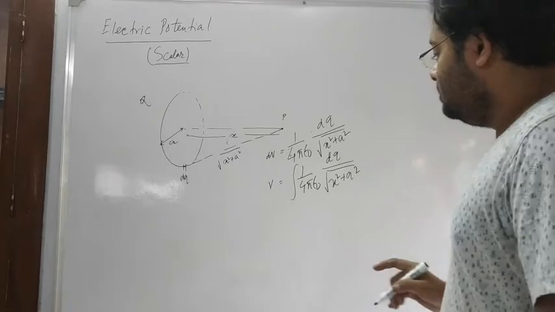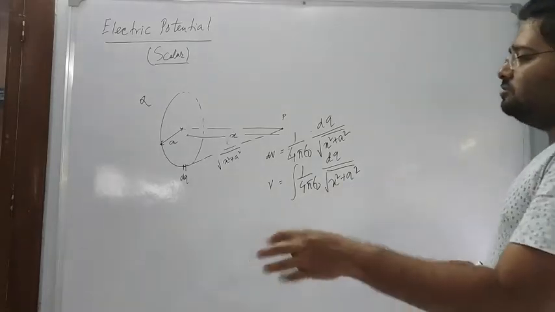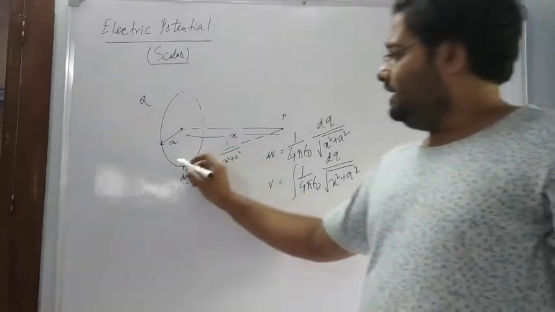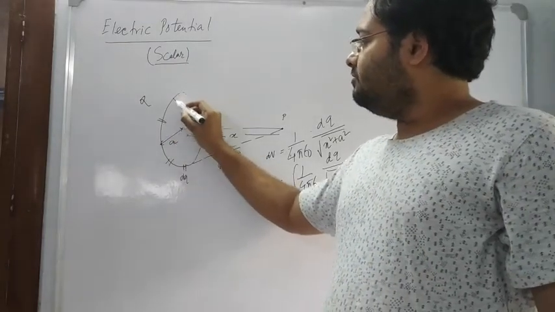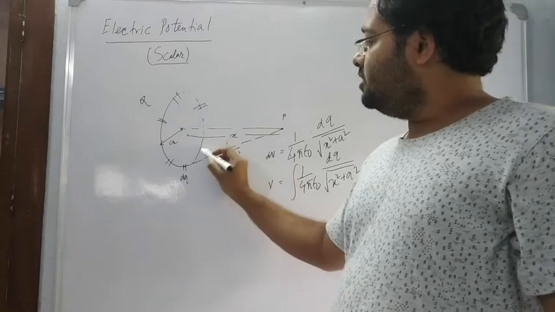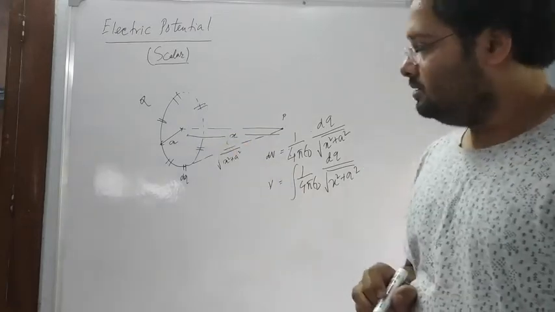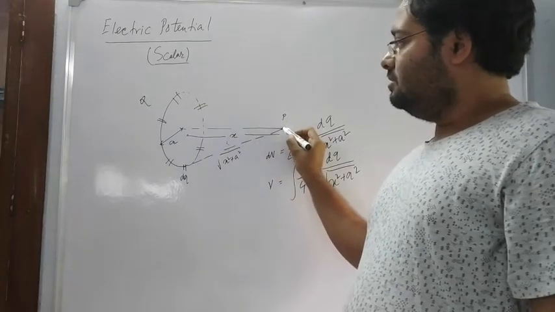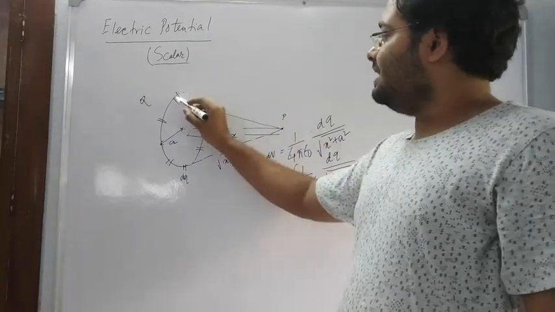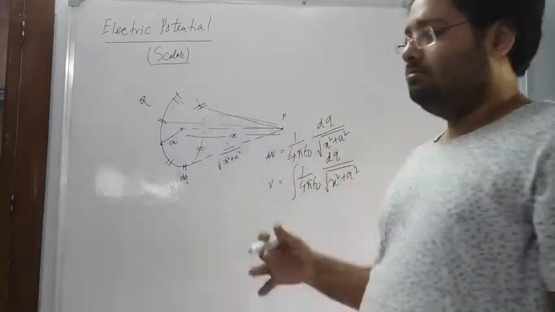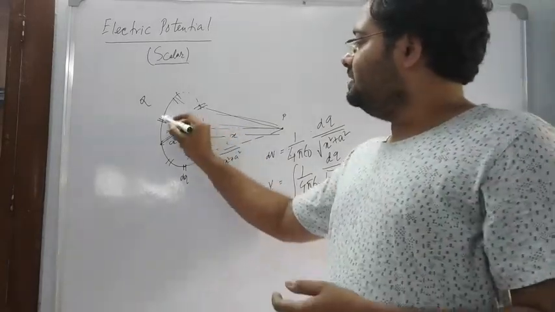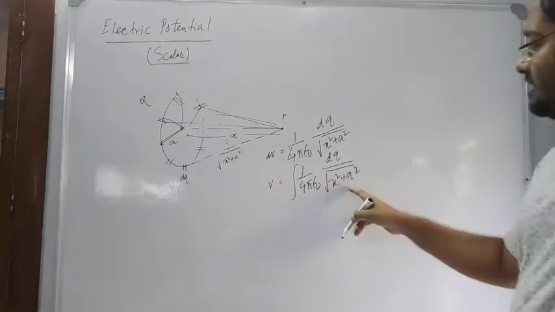Look, you may think this is a term integration, but this is not, because x and a are both constant here. When you are taking different small infinitesimal cut parts of this ring, you are not changing x. For all of them, this distance is x. Think about the 3D, and for all of them, this is a. So this is constant.